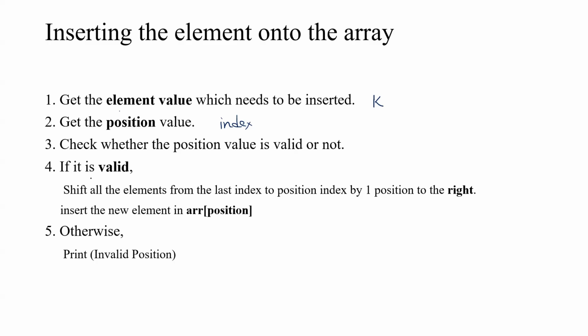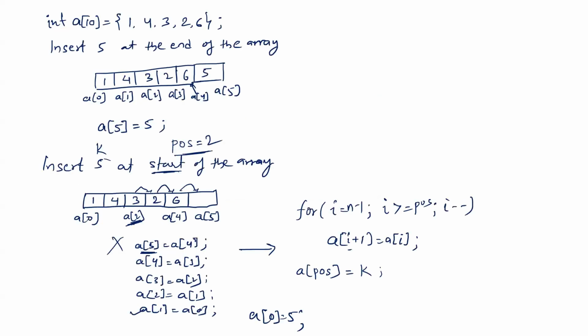So what if it is valid? If it is valid, I will simply shift all the elements from the last index to the position index by one position to the right, as we have done in this example.